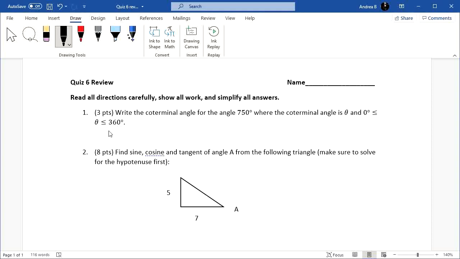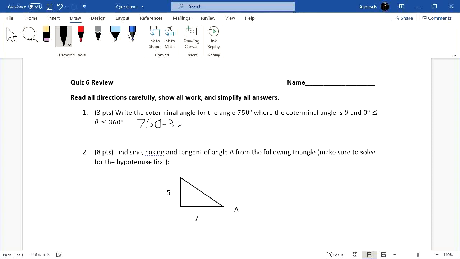So first of all, remember whenever you're dealing with an angle, it's really rotating around a circle on the XY axis. If we have one rotation, then it'd be 360 degrees, and this is more than 360, so start out by subtracting 360 degrees, see where that leaves us.